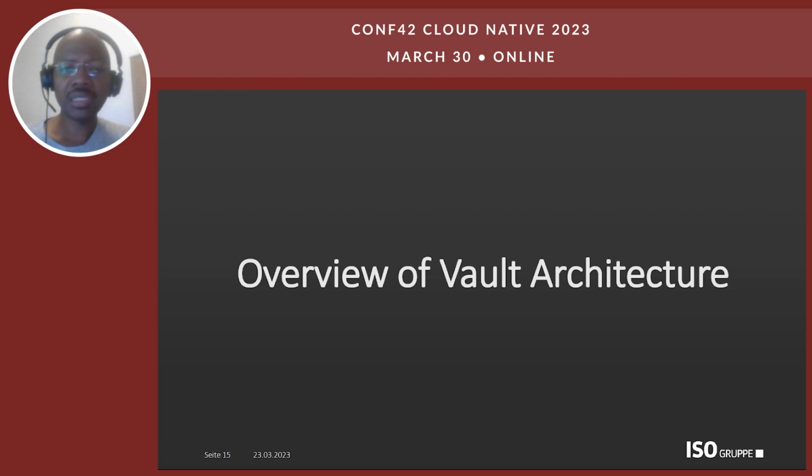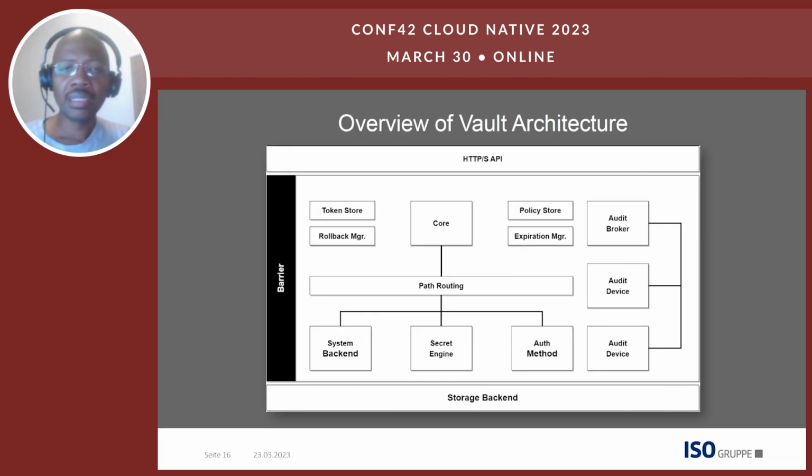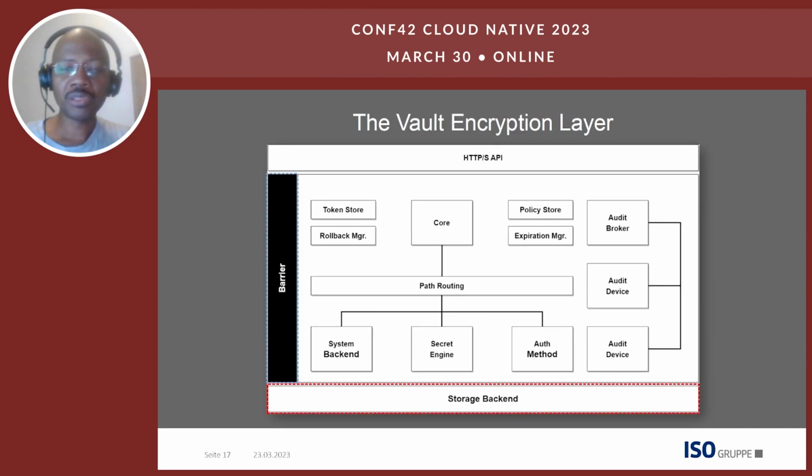Now let's see Hashicorp Vault architecture. This slide shows the main components of Hashicorp Vault, and we'll first talk about the encryption layer called the barrier. When Hashicorp Vault starts, it tries to write to the storage backend, but since the storage backend is outside the barrier, it is considered untrusted.